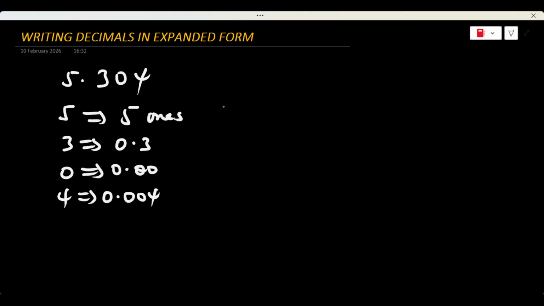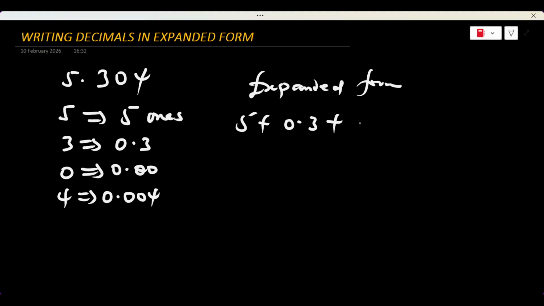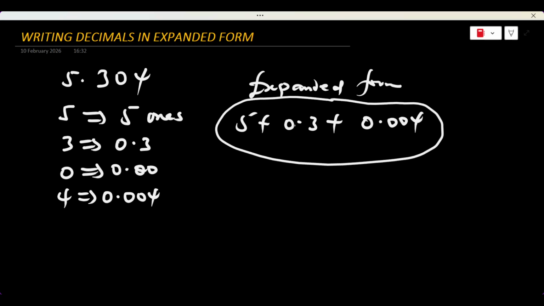So this gives us what? In the expanded form as 5 plus 0.3 plus, so because it's 0, we can ignore it, 0.004. And this becomes our answer. I hope that is clear.